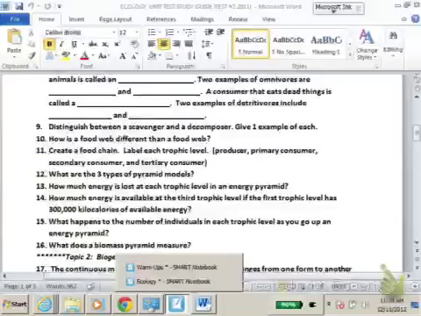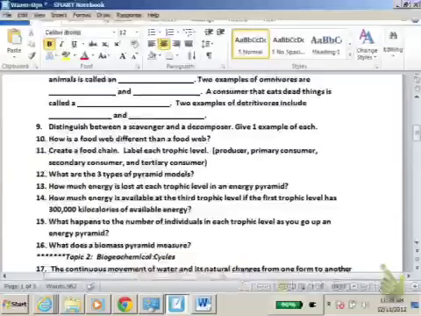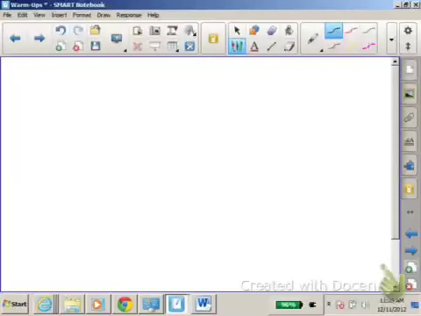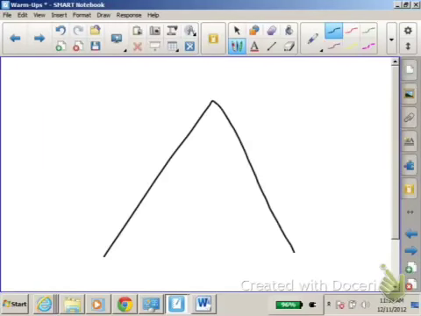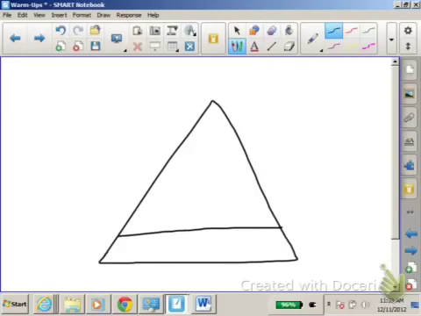Okay, so let me show you here. I think we said that this would be the 1st trophic level, and we had 300,000 here.